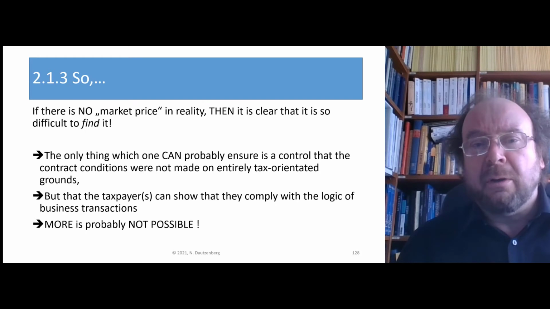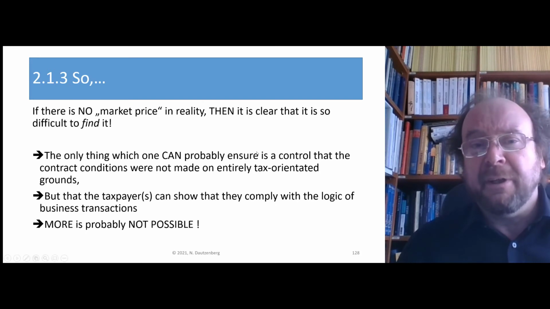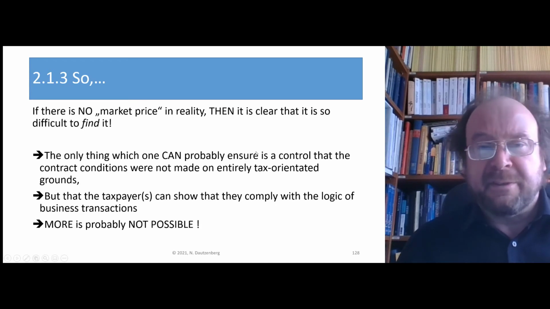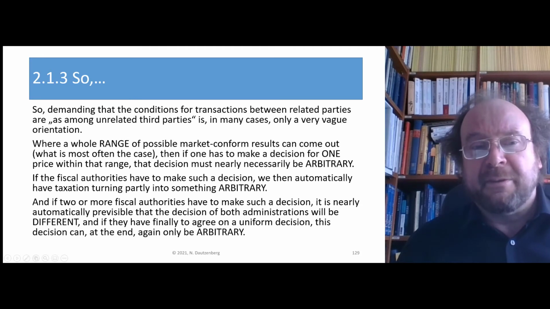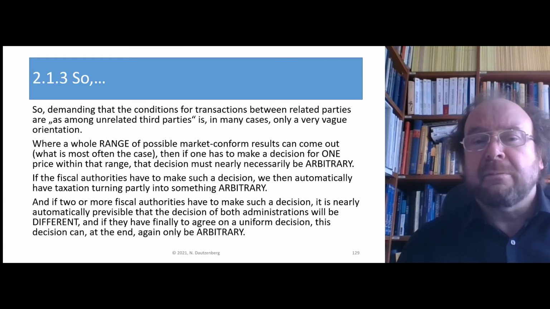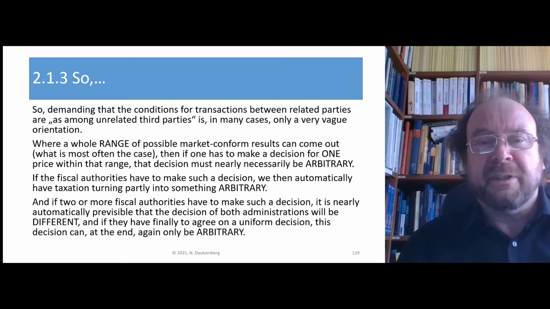So more than to force the parties involved to show that their behavior is compliant with what independent businesses might also do, that they rely on business logic and not on the tax department. That is probably the maximum which you can achieve. So the whole affair is probably only giving you a very rough orientation, which ends up with a very vague thing.